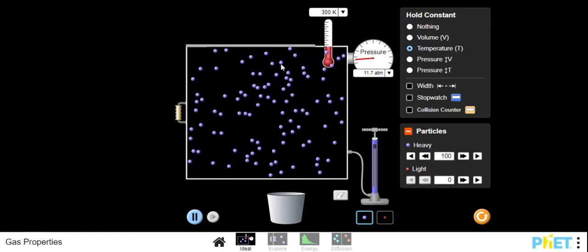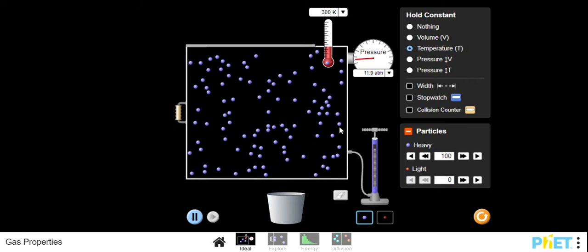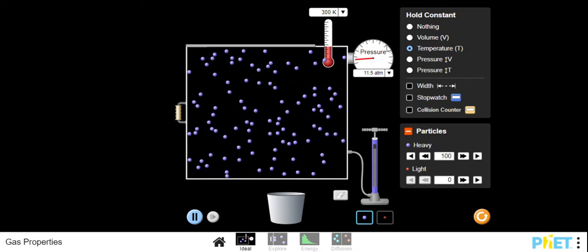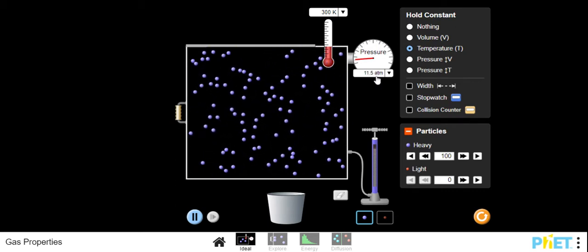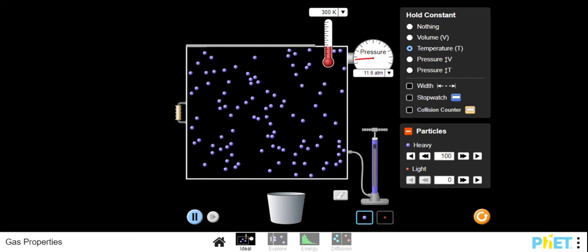Okay, so the volume of our container has to do with how much space our particles have, and the pressure is about how the particles hit the inside of the container. You might notice on your pressure gauge that the pressure is not sticking around one number like it would be on an actual pressure gauge you see in real life.